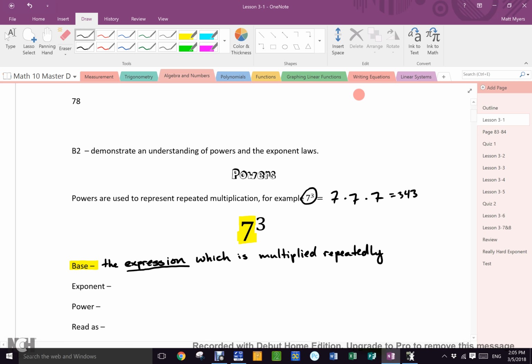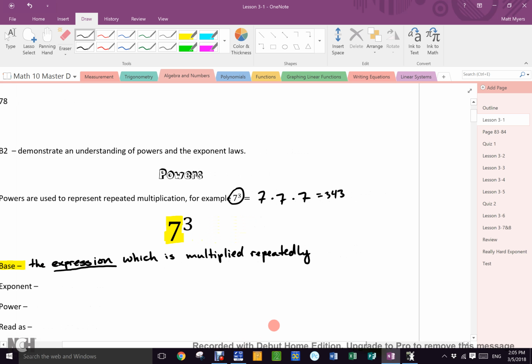Okay. But then what if I said 1/7 squared? What would you say the base was? Right. So you can't say the bottom. To the left of the exponent. Okay. So that is important. I'm going to do something here.